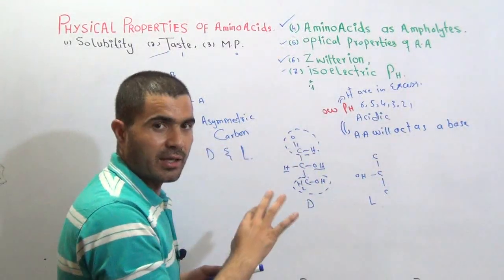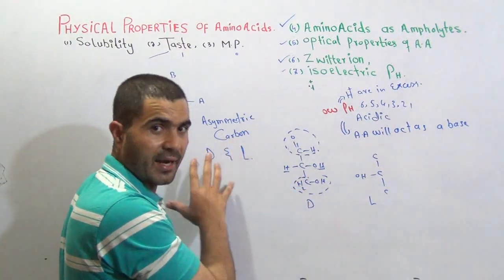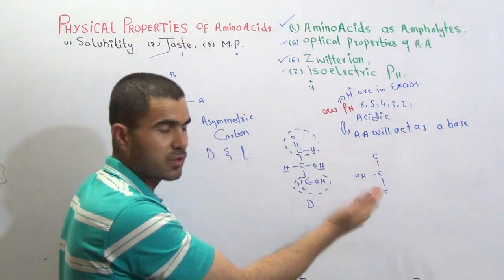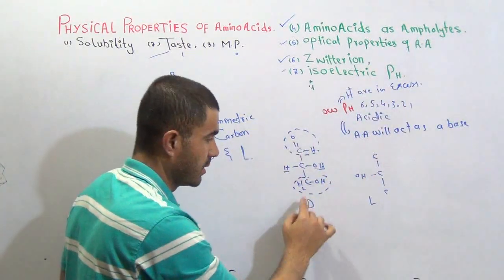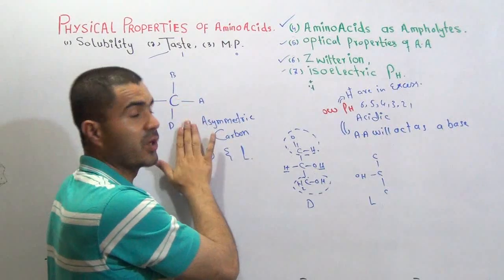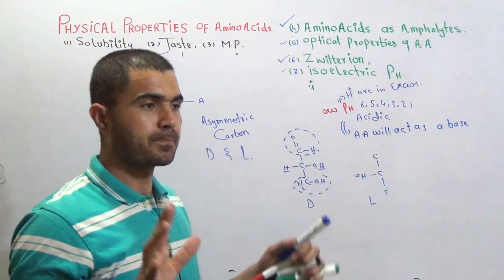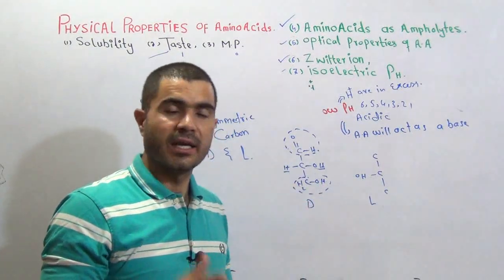In any other molecule, you will have to see the OH. If the OH in that molecule is on the right, you will call it the D amino acid. Let's suppose you have an amino acid, and in an amino acid you can find an asymmetric carbon.